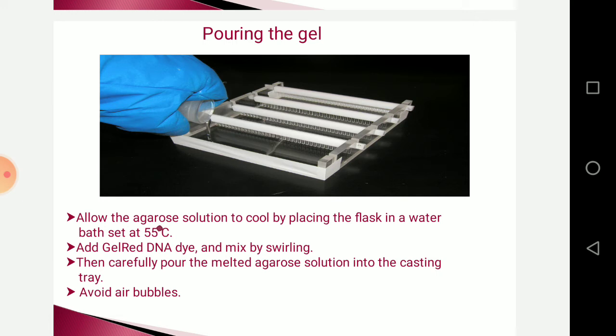Then carefully pour the melted agarose solution into the casting tray and avoid bubbles. By using this procedure, we pour our agarose gel and make wells, and in those wells we put our sample.